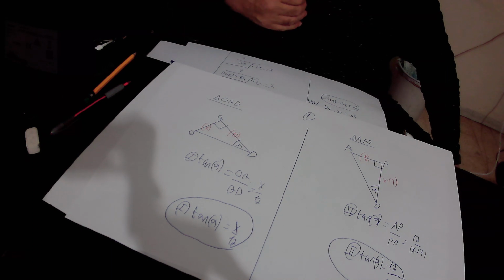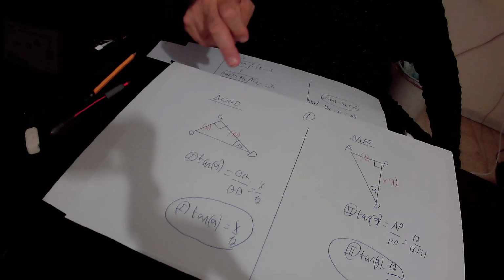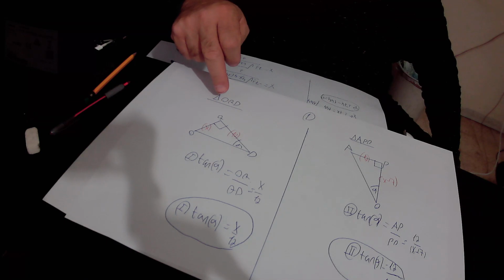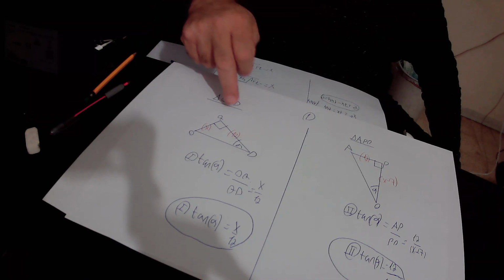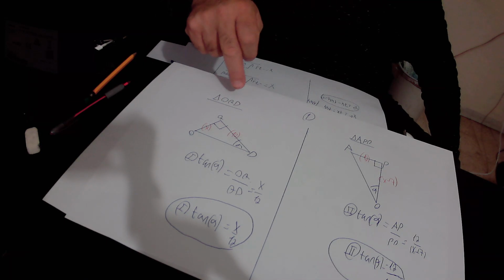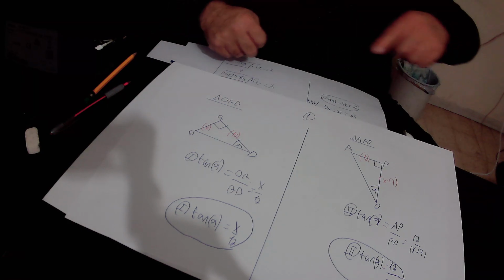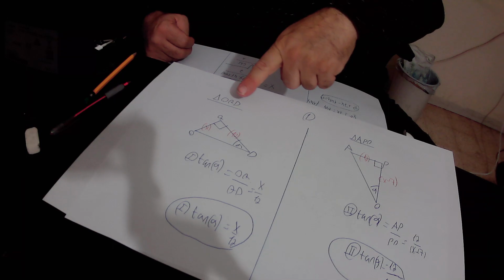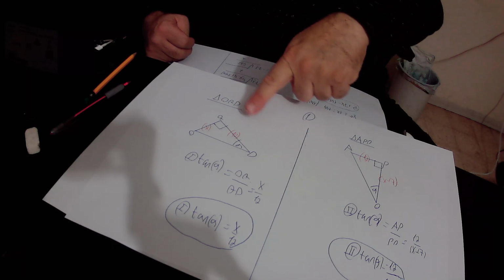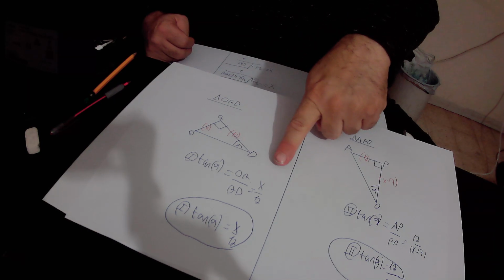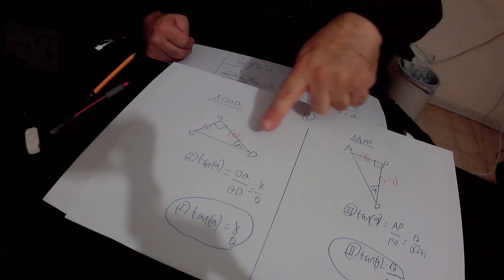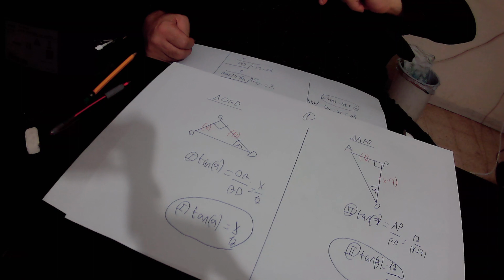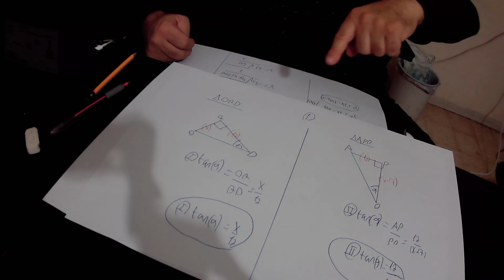So in this right triangle, tangent alpha equals QO over QD. QO is x and QD is 12. So in total, we found out that tangent alpha equals x over 12.